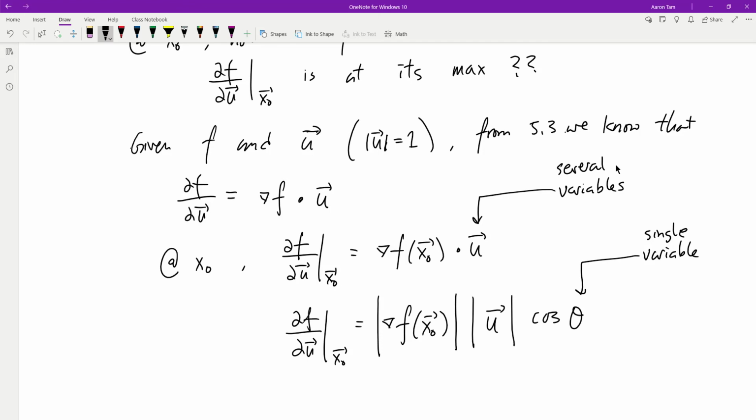Because now this value is basically defined by the angle between these two vectors. And also note, vector u has a length of 1.